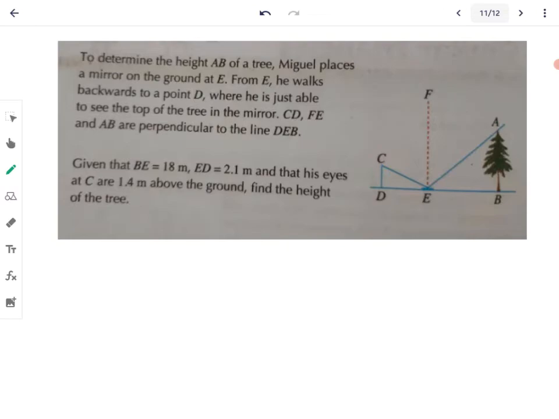CD, FE, and AB are perpendicular to the line DEB, which is the ground. Given that BE is 18 cm, ED is 2.1, rather.